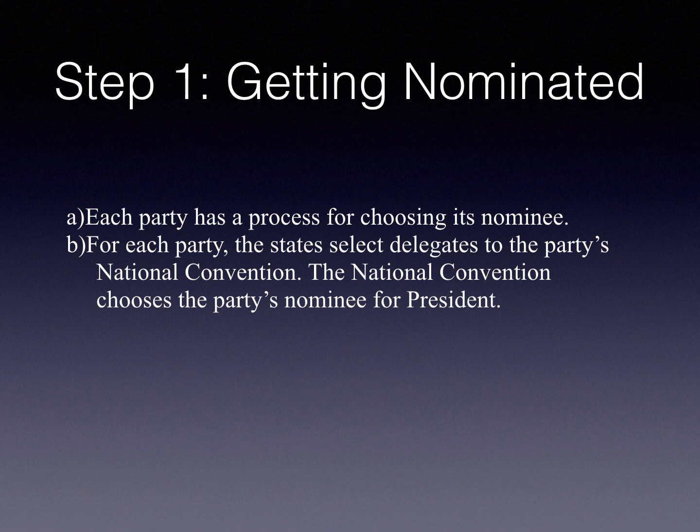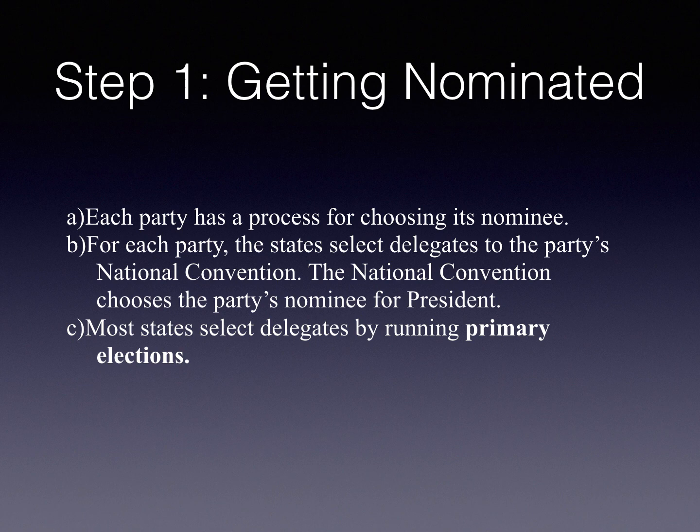And the national convention is in charge of formally choosing the party's nominee for president. Most states pick their delegates by running primary elections. The primary election is an election where candidates are running against other people from the same party to be nominated for office.